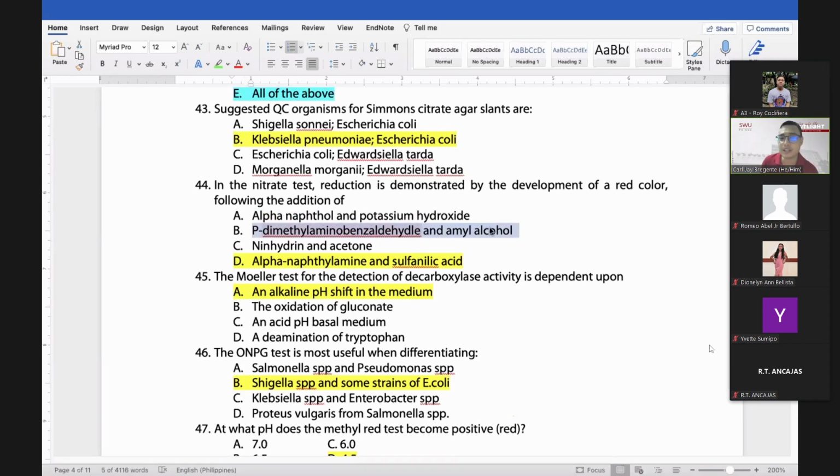So this is used for identifying indole reaction. Ninhydrin and acetone are used for another testing.